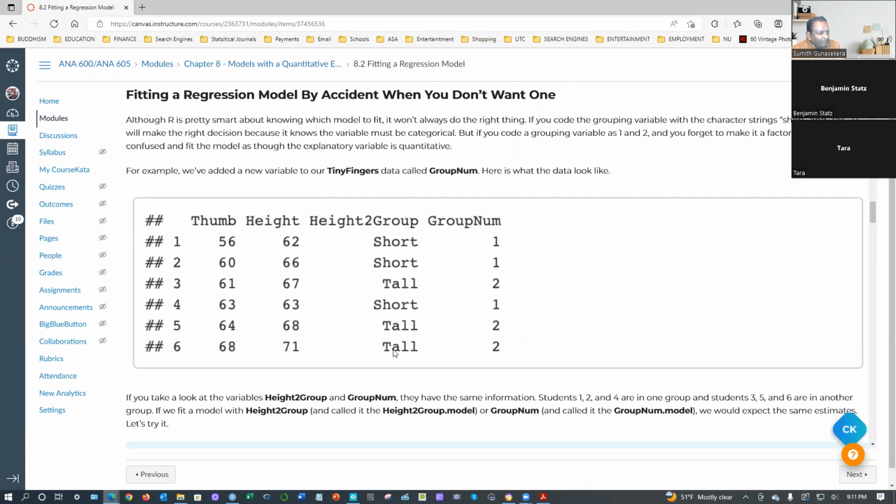So you have 62 and 71. The thumb length is 56 when the height is 62, and 68 when the height is 71.